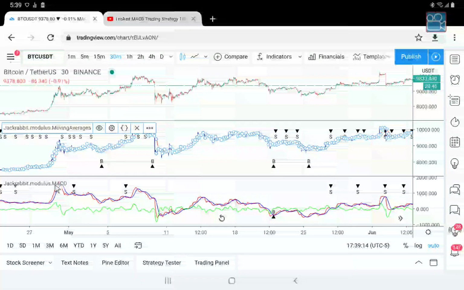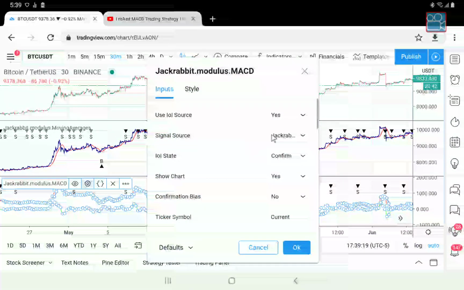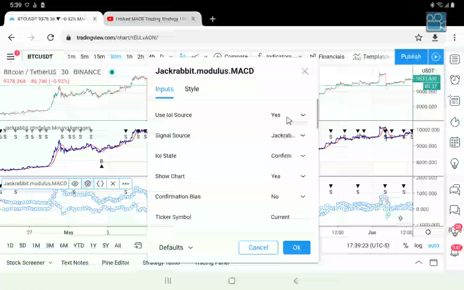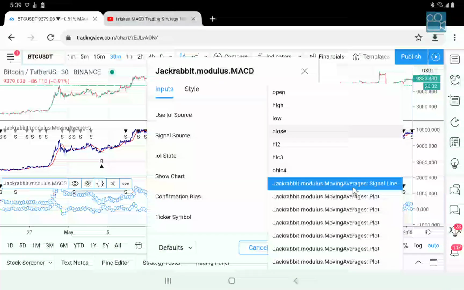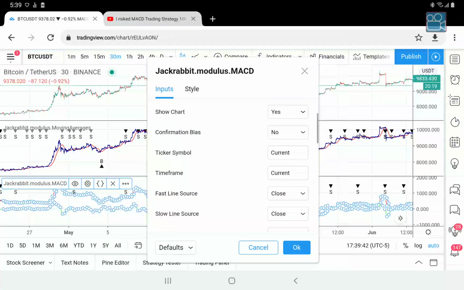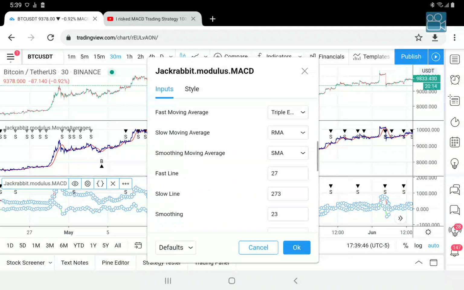Now let's go to MACD. Here you're using the IOI system, indicator on indicator, and you're telling MACD that you want to use the moving averages signal line. So MACD is pulling in the signal line. All the rest of this is default until we get to here.